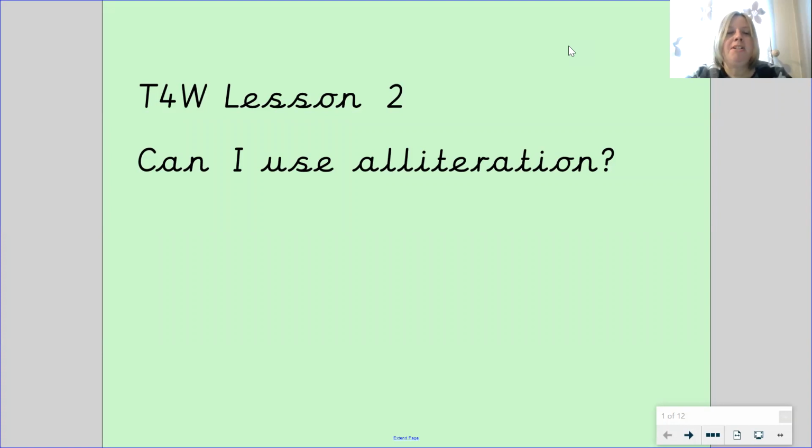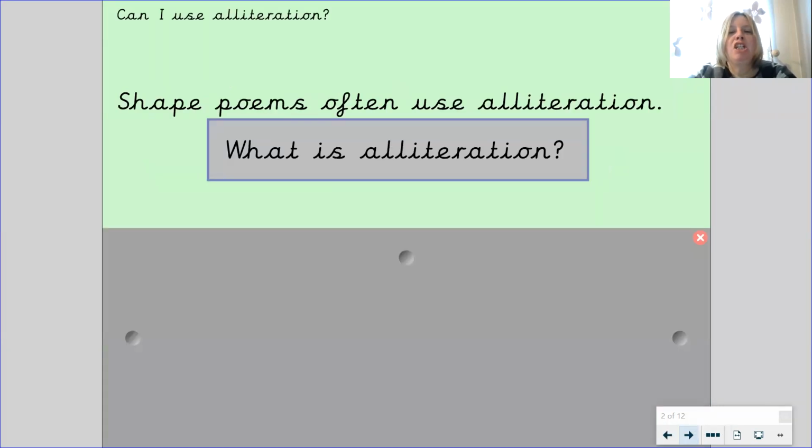Today our learning objective is, can I use alliteration? Shape poems often use alliteration. But what is alliteration? Pause your video and if you know what alliteration is, tell Mr. Fox.